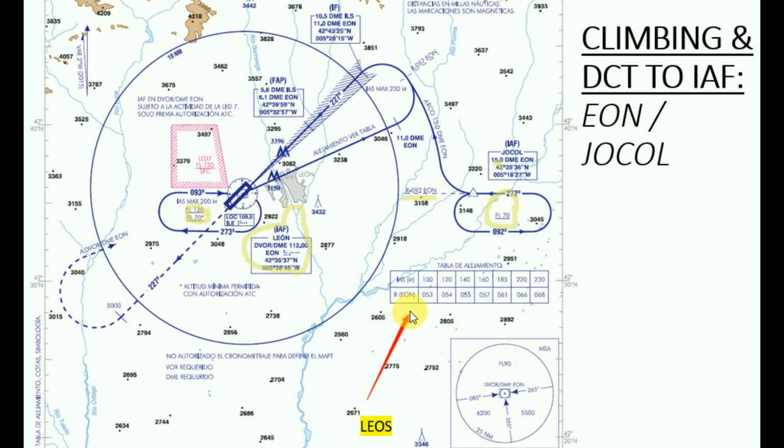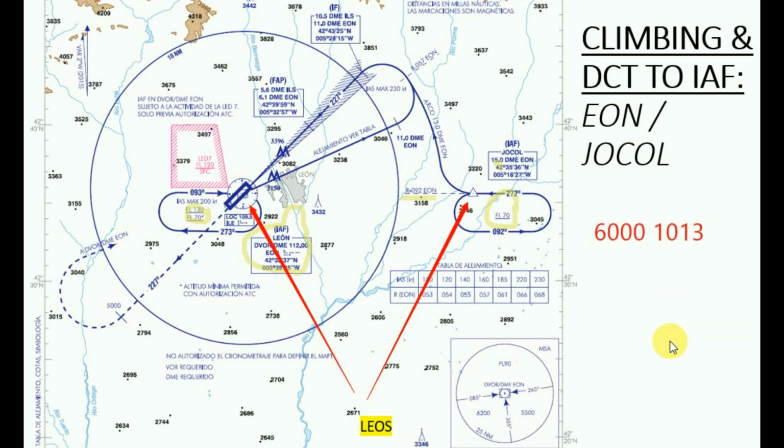We can expect from ATC an instruction to proceed to Echo Oscar November VOR or to Hokol fix to start the approach. So we need to take into account that when we are passing altitude 6,000 feet, we need to select on our altimeter the standard QNH 1013.